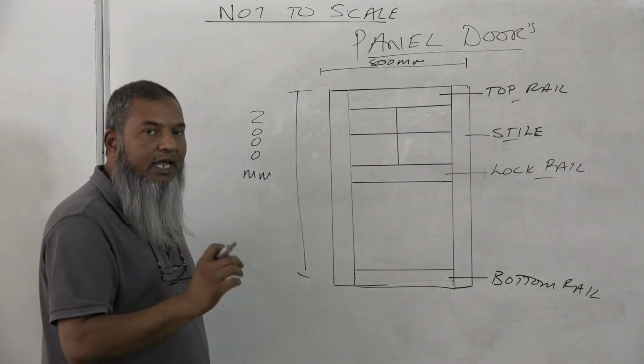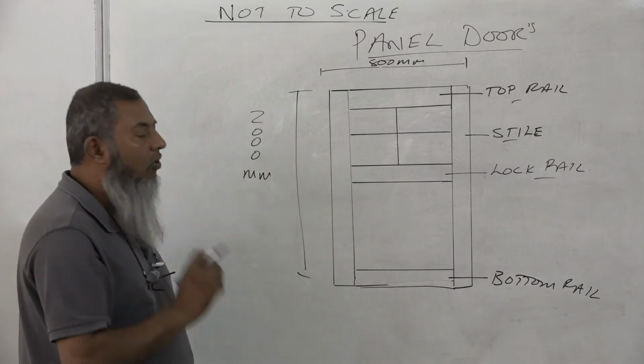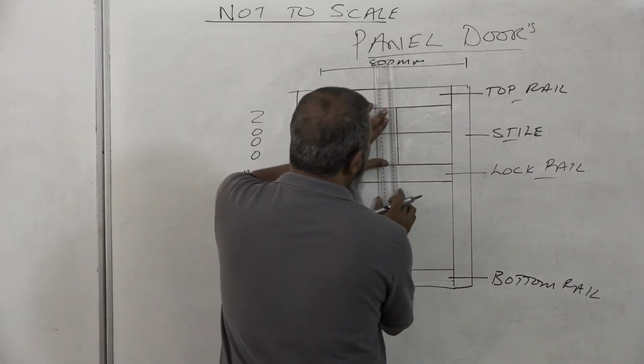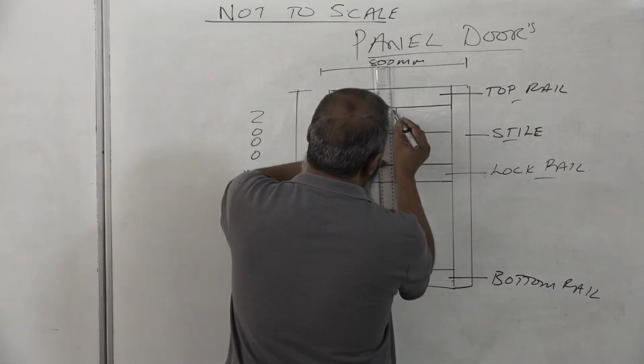What holds a glazed panel together is what we call glazing bars. Glazing bars normally go on the side or the edges.